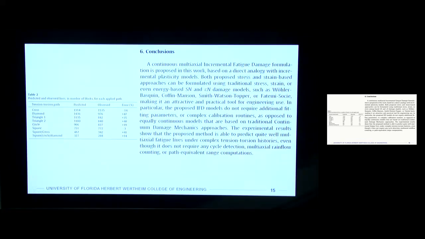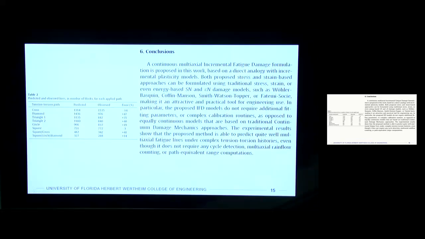And so the conclusions that they say from this paper, based on all of their analysis and thinking about fundamentally a different way of approaching fatigue damage, and then their validation of that using experiments, is they say this: a continuous multi-axial incremental fatigue damage formulation is proposed in this work based on a direct analogy with incremental plasticity models.